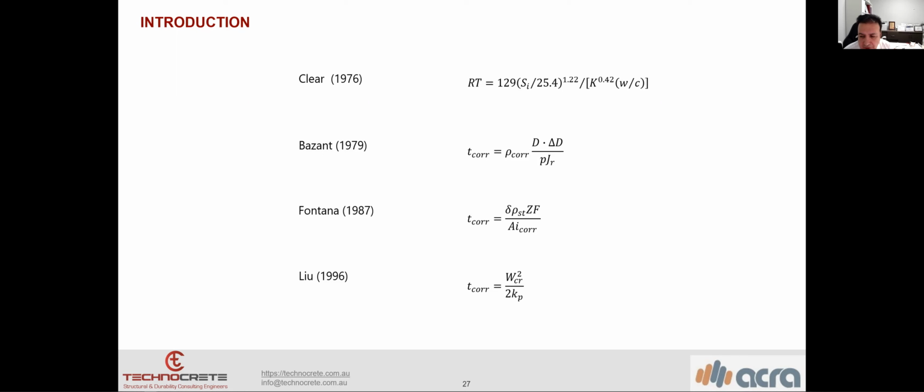CFRP rods can be used instead of steel reinforcement. I mean, they are non-corrodible material. The only thing is because they are relatively new to the market, we don't have any idea about the long-term performance of the CFRP rod instead of steel reinforcement.